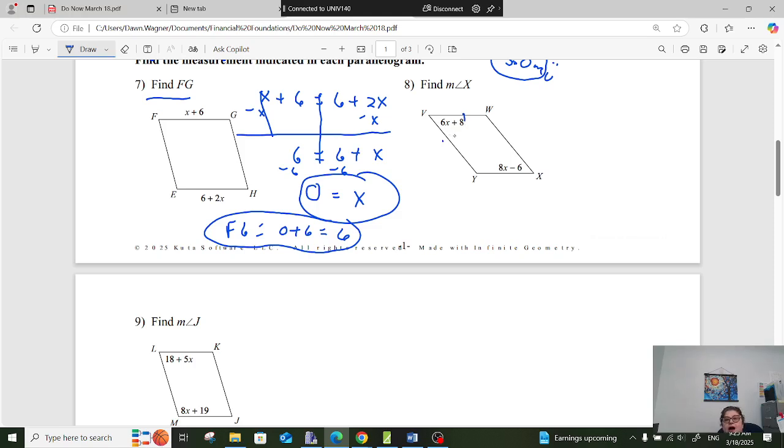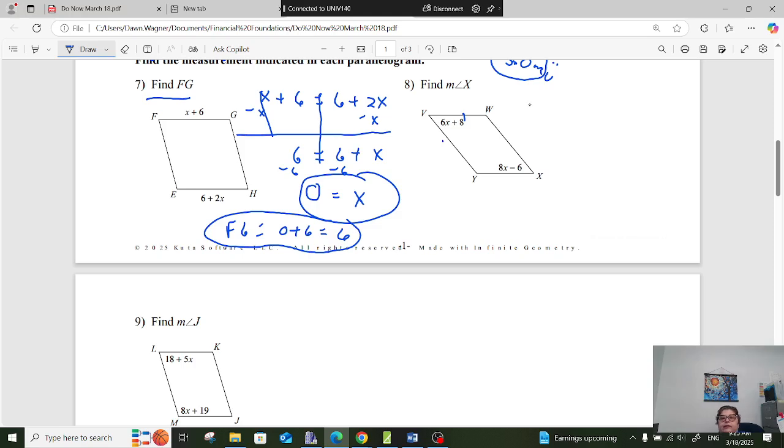So now, are these opposite or consecutive? They are opposite. So in parallelograms, what do you know about the opposite angles? They're the same. They are congruent.